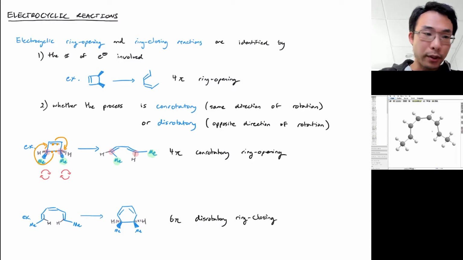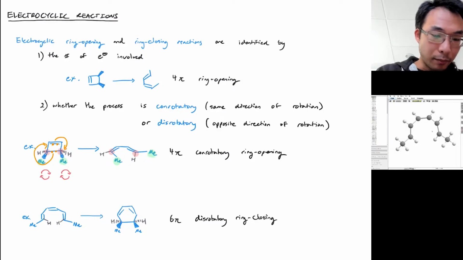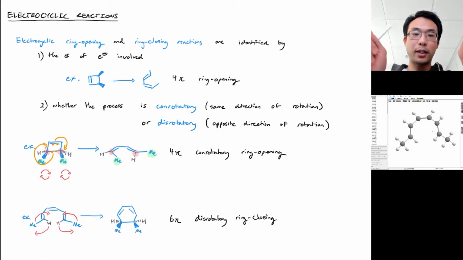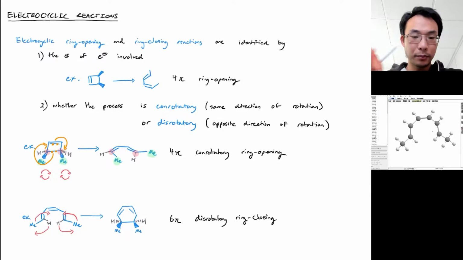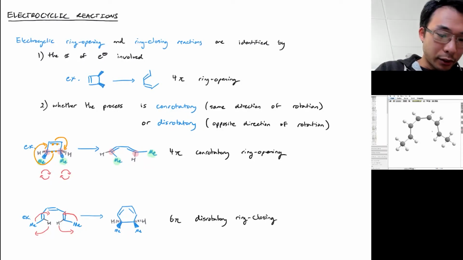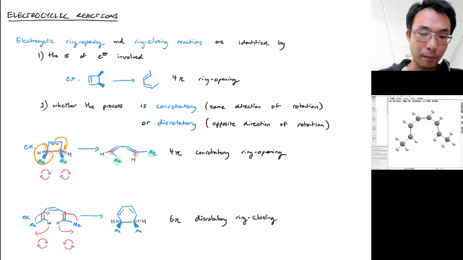If we're disrotatory now, our groups are going to be going like this. Let me draw it like this for you. I'm visualizing my 2 methyl groups pointed out and then rotating in like this. That can also be drawn in my more organized arrows like so, where this is the clockwise rotation and the other one is the counterclockwise rotation.